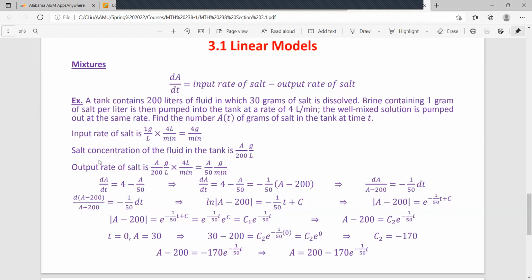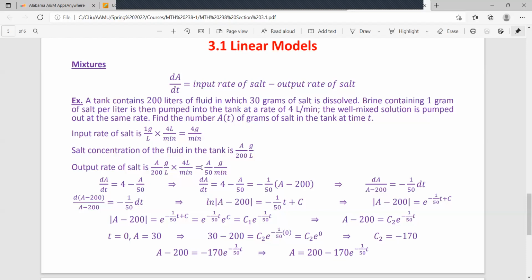Then we can write down the output rate of salt, which is the concentration in the tank, A over 200, times 4 liters per minute. Again, the same rate is flowing out of the tank. Then you can cancel the liters, and you can also cancel 4 from top and bottom.